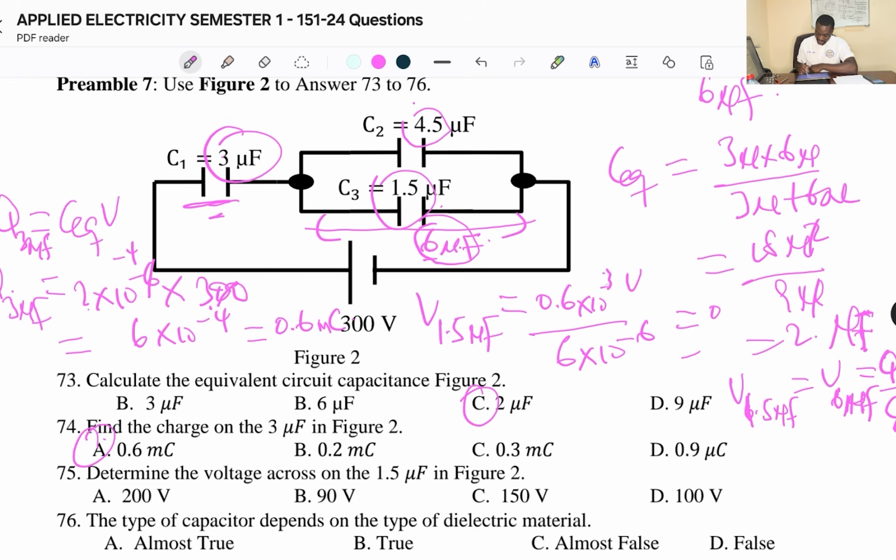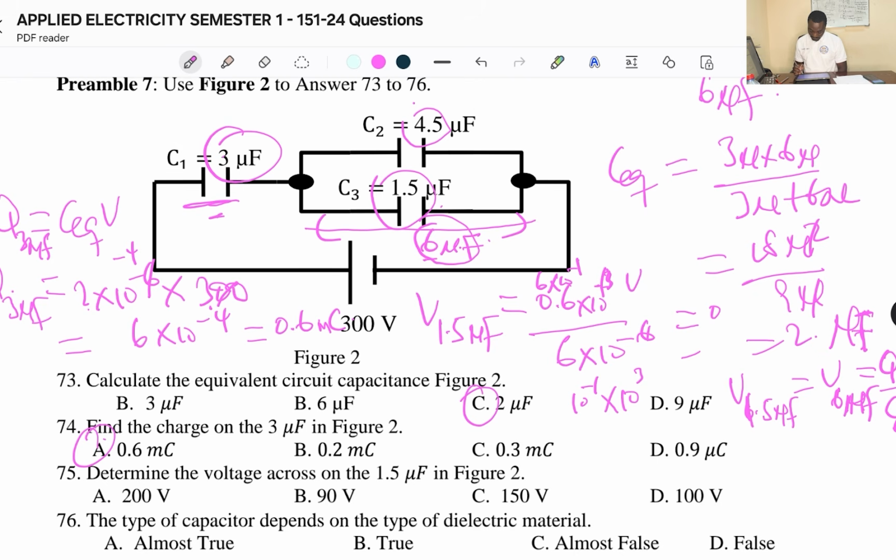If this is 10 to the power minus 3, this will cancel. So you take the 10 to the power minus 6 up, you get 10 to the power 3, right? Then we have 0.6 over 6. So that is 6 times 10 to the power minus 1. So we have here times 10 to the power minus 1.